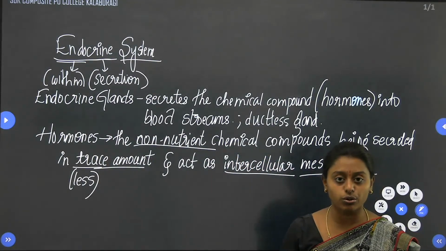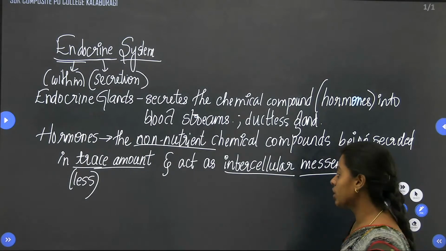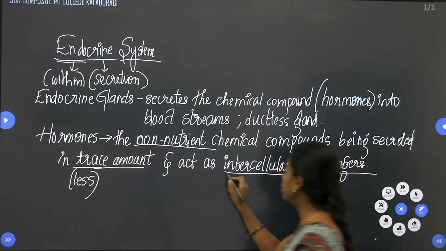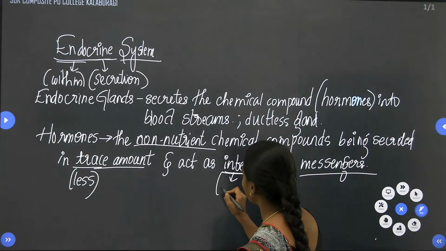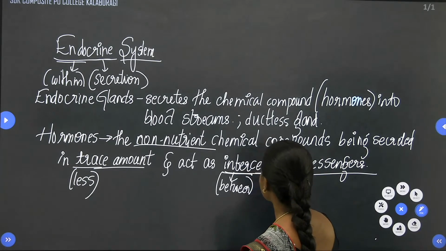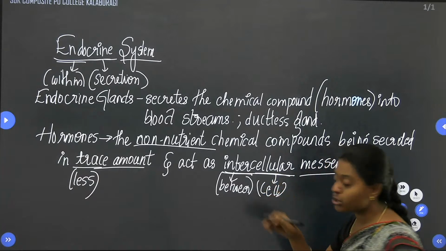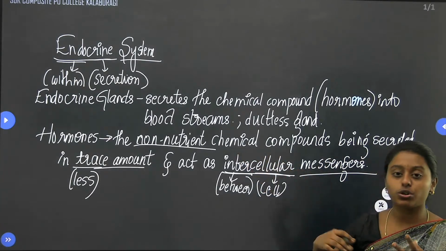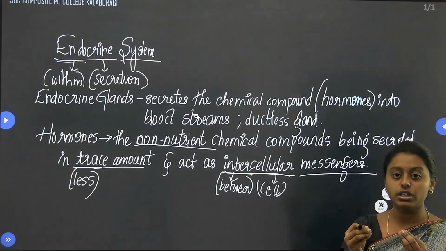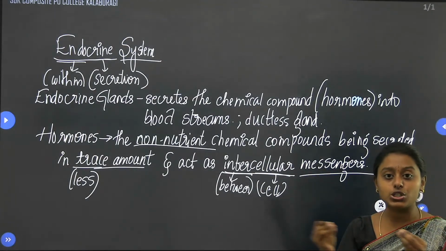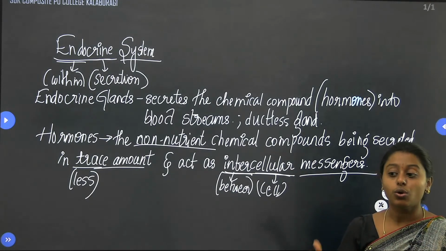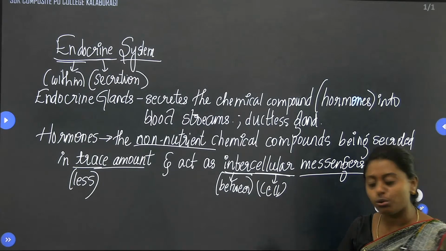What function do they perform? They act as intercellular messengers. The word inter means between, and cellular means cell. Between two cells, these chemical compounds, produced in very small amounts, act as messengers to send the signal from one cell to another.